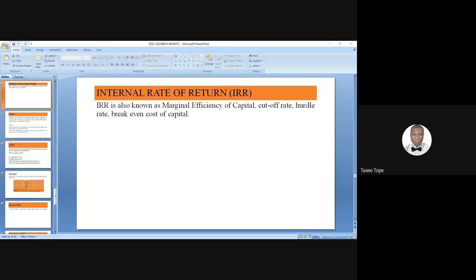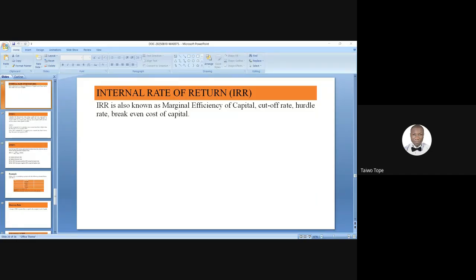And why are we coming up with the trial and error approach? Because the trial and error method involves calculating what? NPV that will yield two opposing results. What do we mean by two opposing results? It means one NPV will give us a positive result and one will give us what? A negative result. And once we determine these two variables, what do we do next?